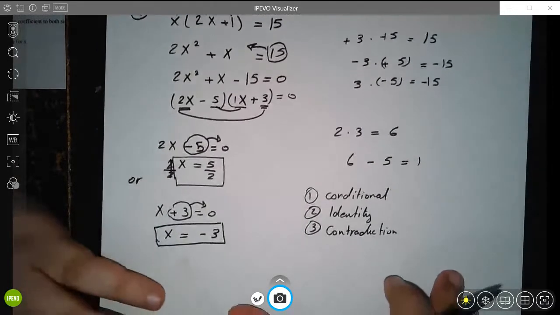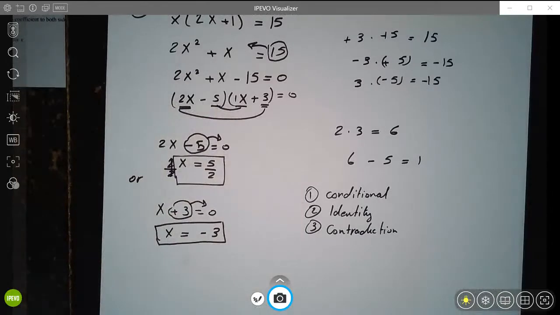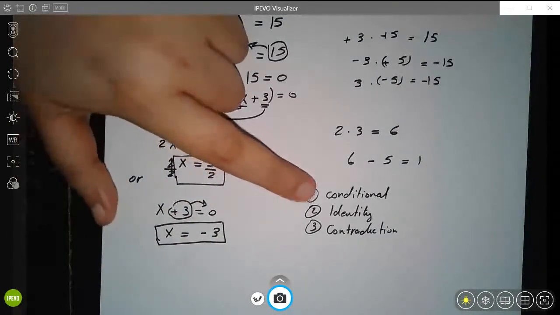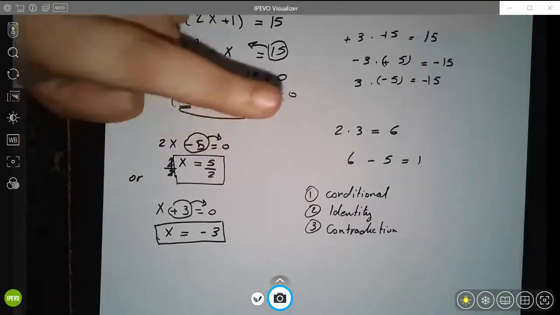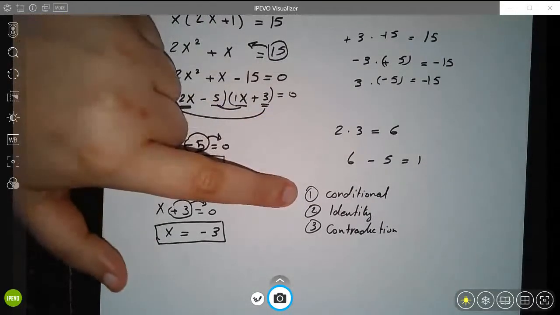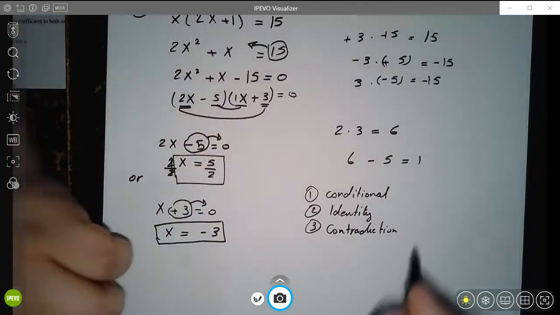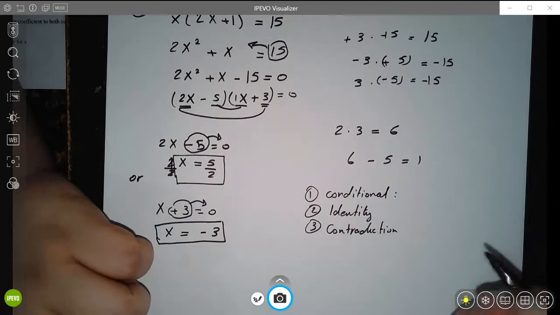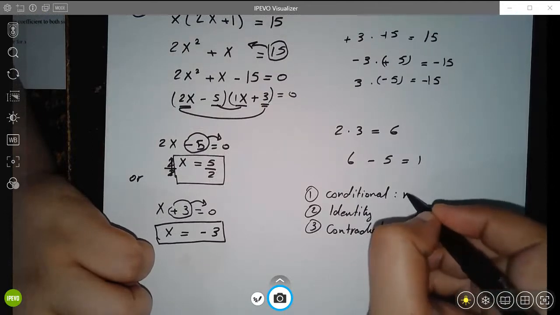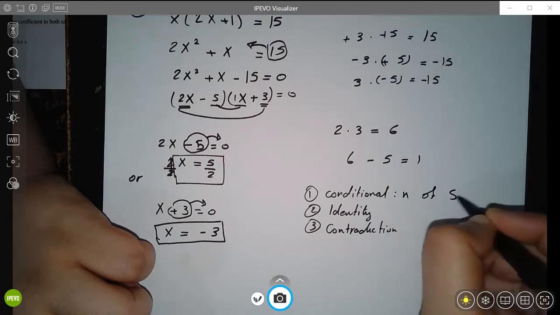Right? So these types apply to any kind of equation you're dealing with. When we were talking about linear, we said a conditional has only one solution because the equation was linear. When it comes to quadratics, a conditional equation has 2 solutions. So now let's amend the definition of conditional and say it has n number of solutions.